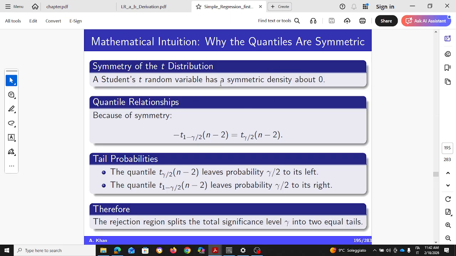Okay, so this t-student distribution is symmetric around 0, so we have the left and the right tail. We said this before, we divide this by 2, so we have half and half on both sides of the distribution.